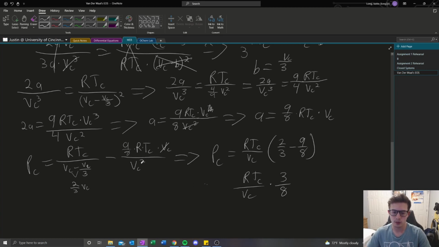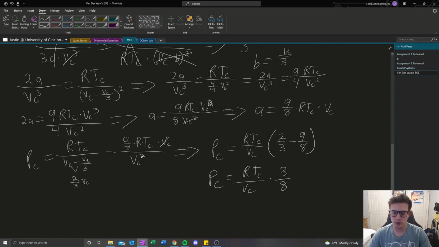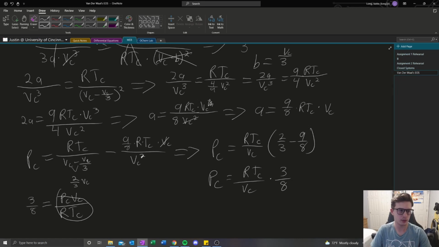So we now have that equation. And so if we just go ahead and rearrange this to set them equal to each other, we're going to end up with 3/8 is equal to PCVC over RTC.